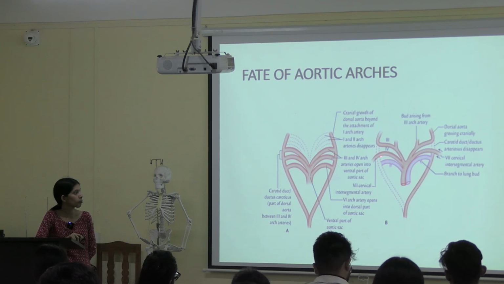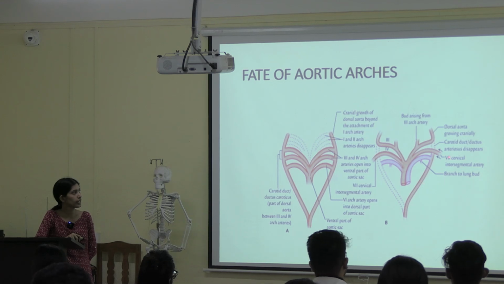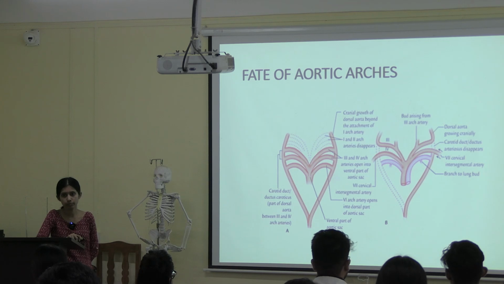So, your right subclavian artery is formed by the 4th aortic arch of the right side plus the 7th cervical intersegmental artery. On the left side, we have the presence of the dorsal aorta. So, only the 7th cervical intersegmental artery alone forms the left subclavian artery. The 4th aortic arch is not involved here.